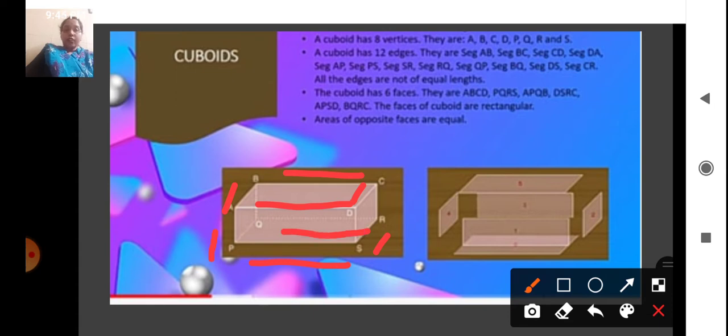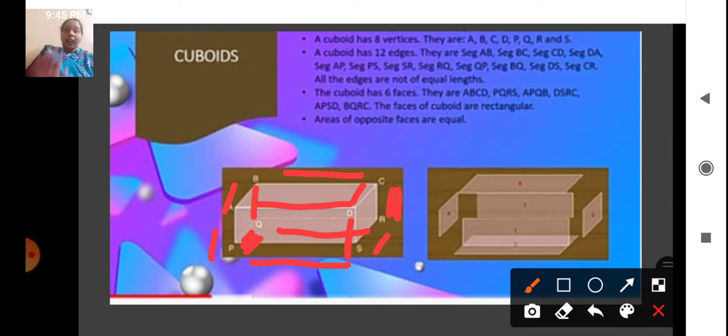Yes, very good, RQ. Segment QP. Where is QP? Yes, very good. See inside QP. Yes, and segment BQ. Let us find BQ. Yes, your segment BQ. Segment DS. Yes, and the last one is segment CR. So in all, we got 12 edges in cuboids.